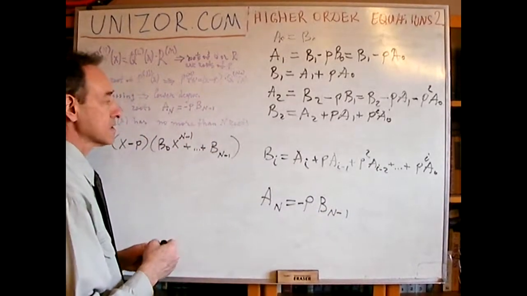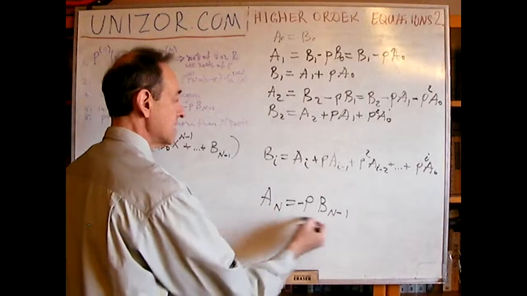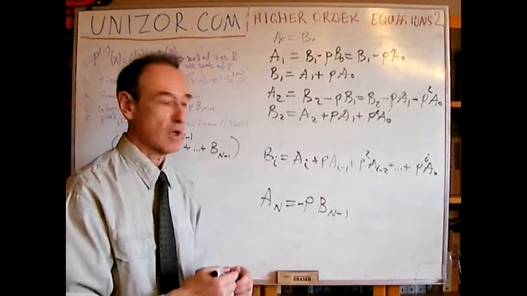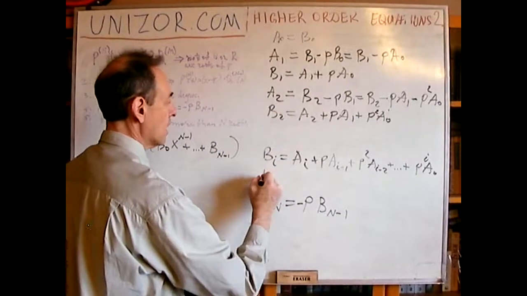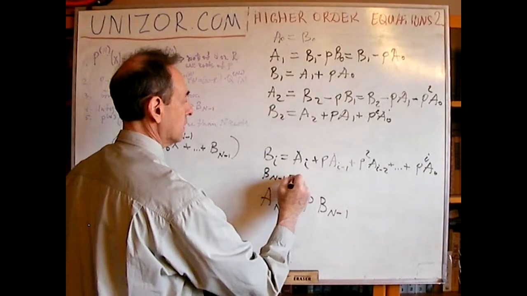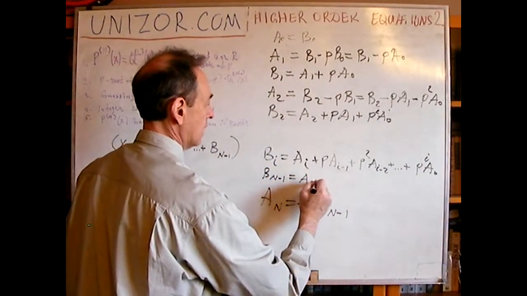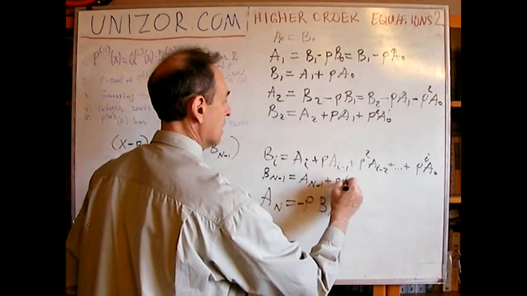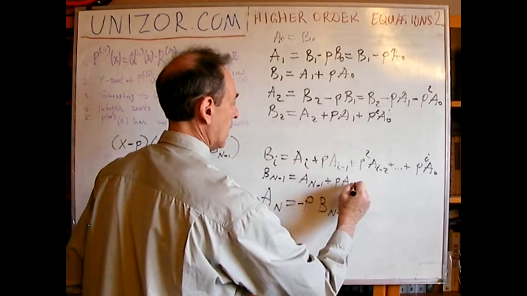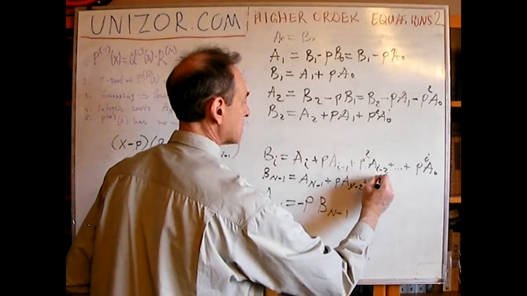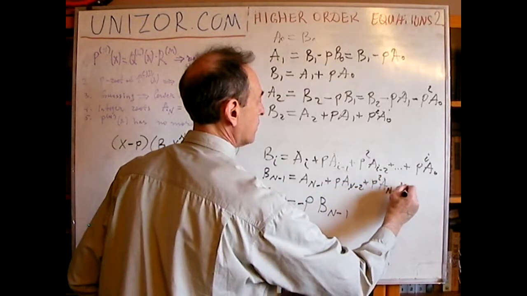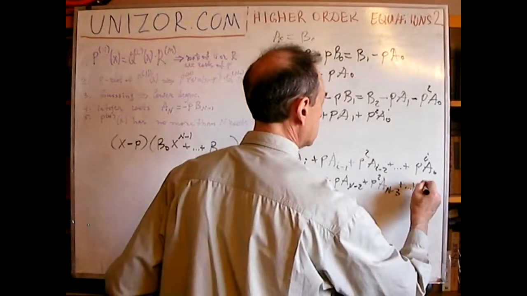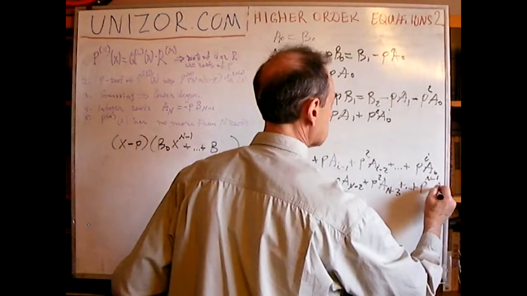So this looks like yet another equation for bn minus 1, because the last one in this row would be bn minus 1 equals a n minus 1 plus p a n minus 2 plus p squared a n minus 3 plus etc. plus p to the n minus 1 a0.